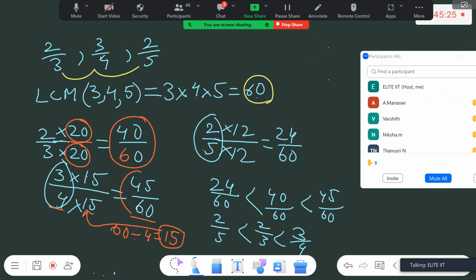Then it becomes 45 by 60. Similarly, in this case, we'll make 5 into 60 how? 60 divided by 5 is 12. So we multiply numerator and denominator both by 12. Clear?